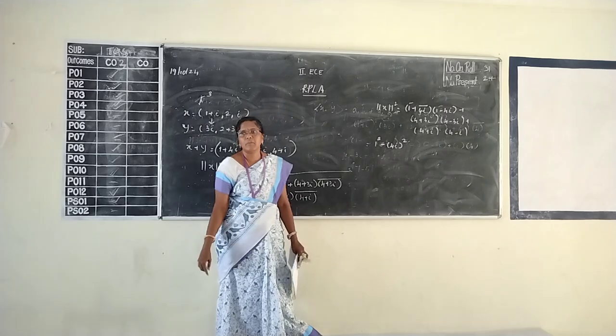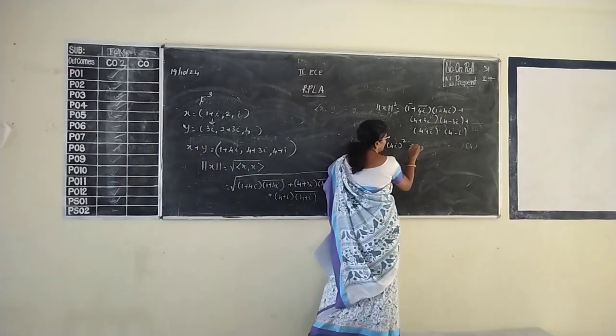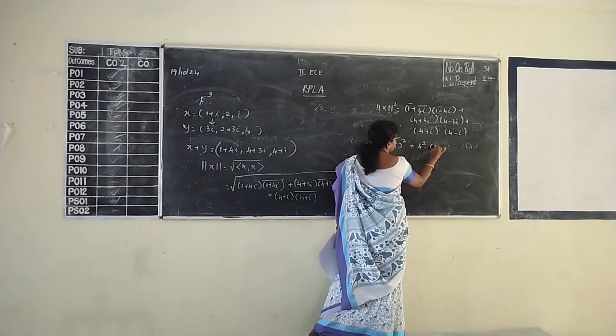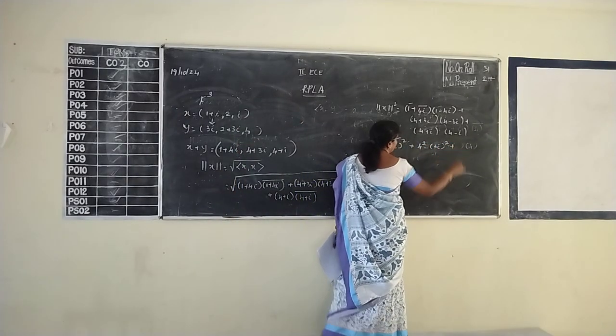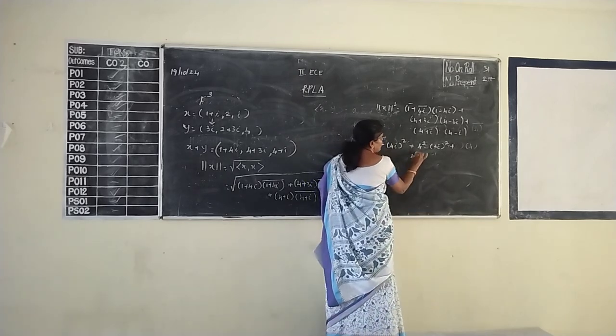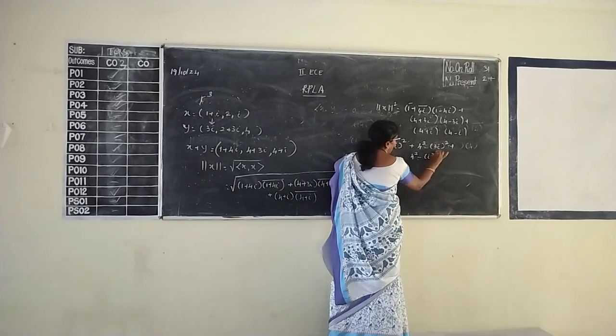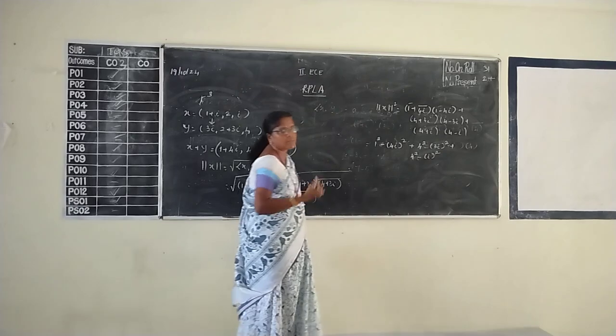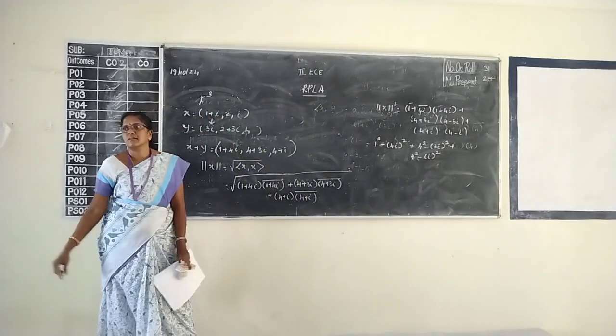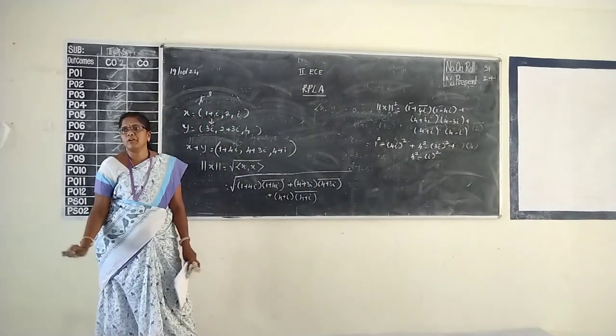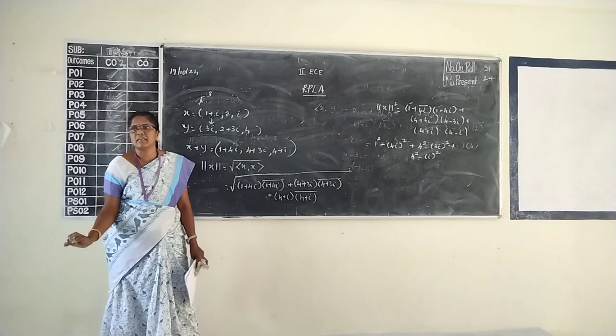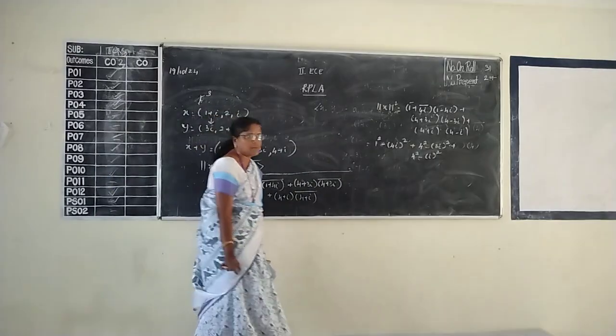Okay, what is the next term? 4 square minus 3i the whole square. Yes? 4 square minus i square. A plus B into A minus B is A square minus B square. We are using that formula.